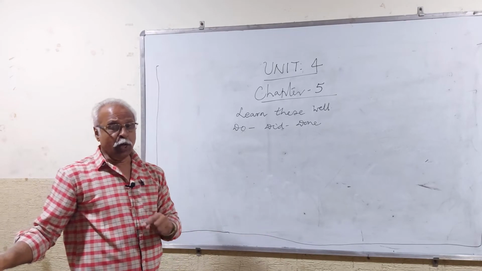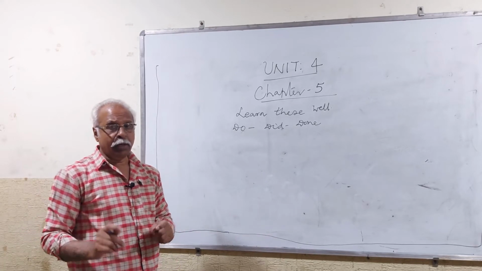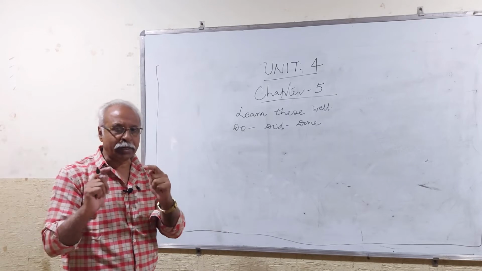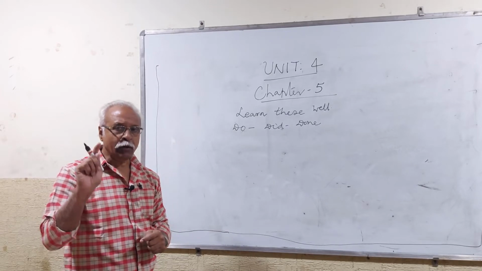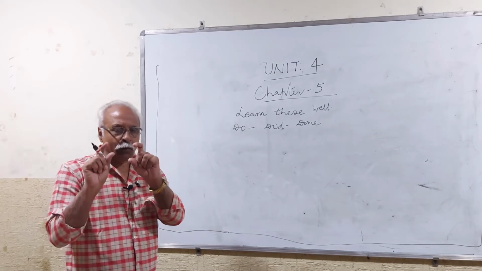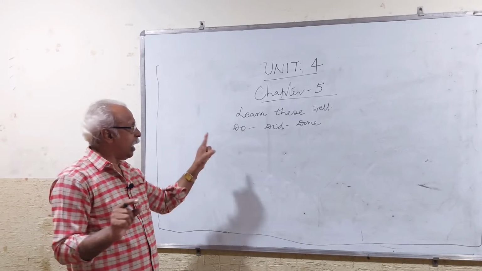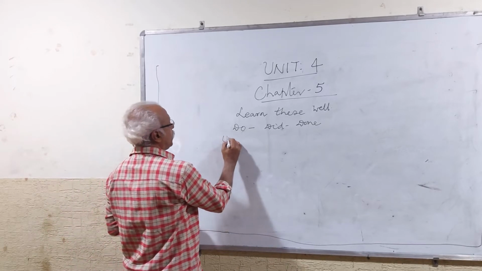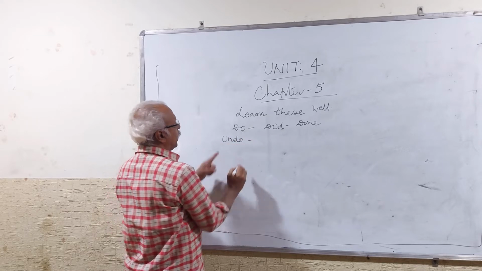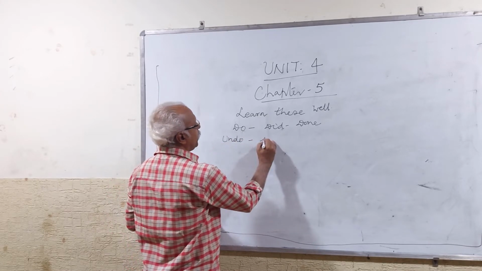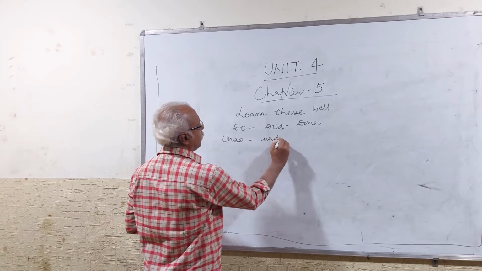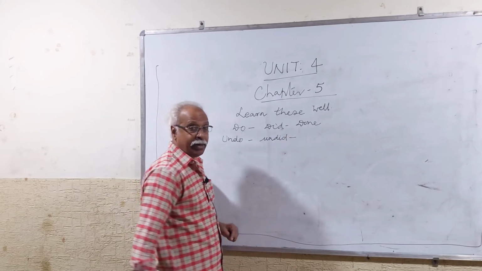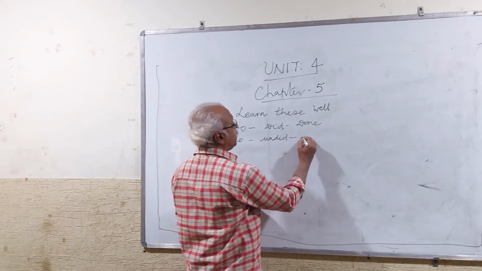In my last chapter, if you remember well, do up your buttons. Do means here fasten up. If I want to unfasten, I should say undo. When undo is there, the past tense would be undid. Right? And next, undone.